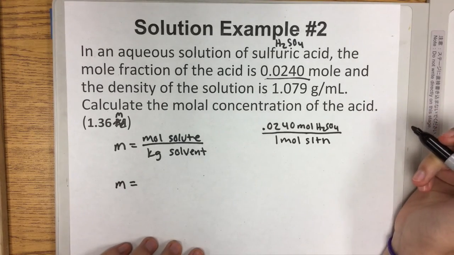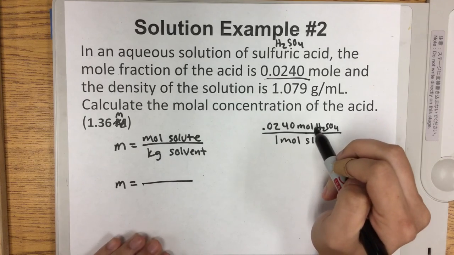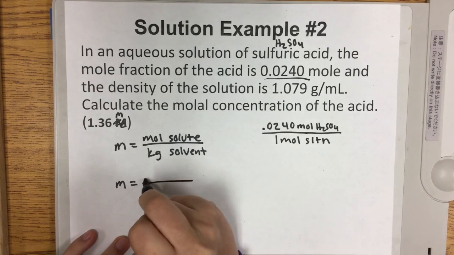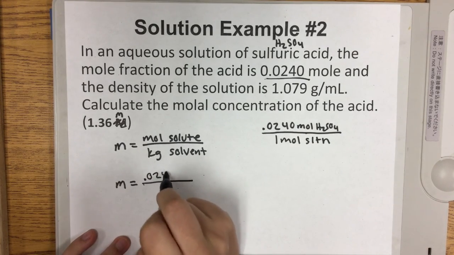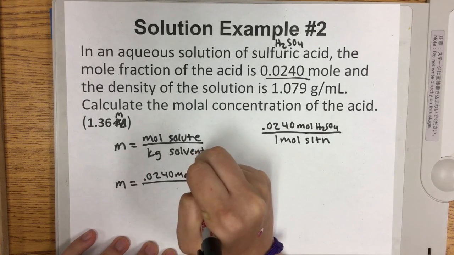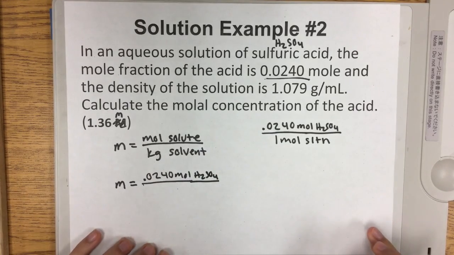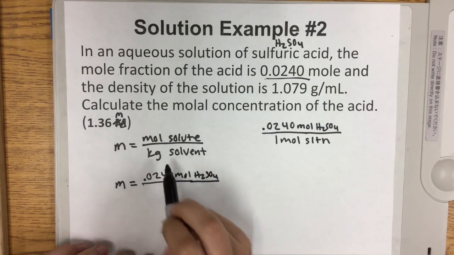Okay, so this is our mole fraction. This gives us the moles of solute. So we know that there is 0.0240 moles of the H2SO4.